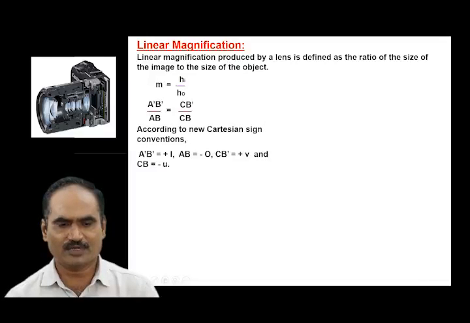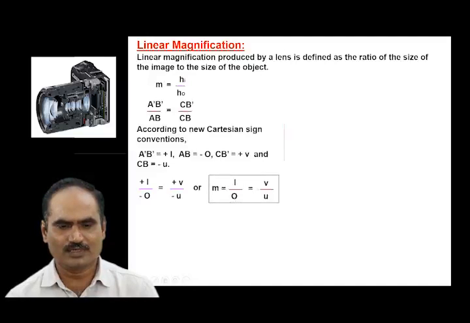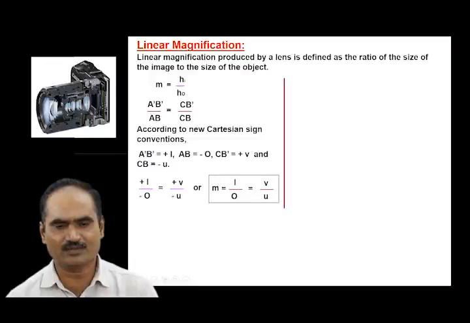According to the Cartesian coordinate sign convention, a dash b dash is I, or hi, and AB is minus O, then plus V by minus U. Otherwise, instead of I by O, if you take it as HI by HO, you can write it as V by U. Here minus minus gets cancelled, and you are left with V by U.